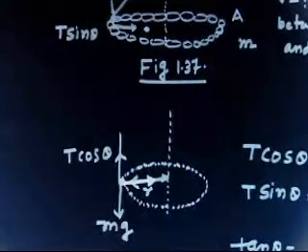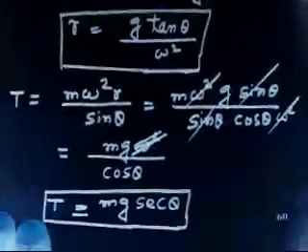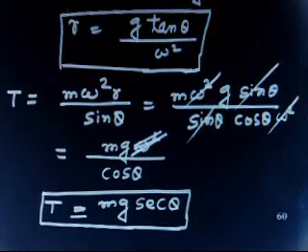So I am applying all the forces on the center of mass, and I am writing the equation of motion for the center of mass. Center of mass in this case is moving in a horizontal circle of radius r. So I can write the equation of motion: force towards the center equals mass into acceleration, that is m omega square r. And in the vertical direction, T cos theta equals mg. From there I can solve for omega as well as r as well as T.